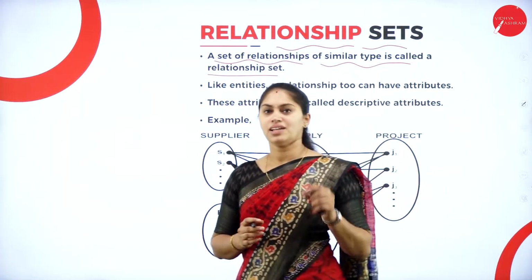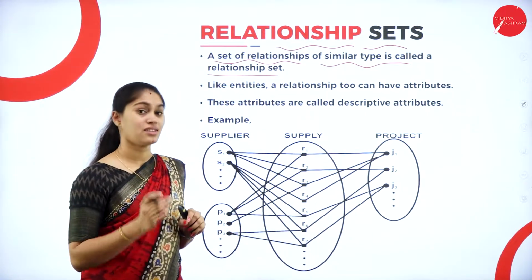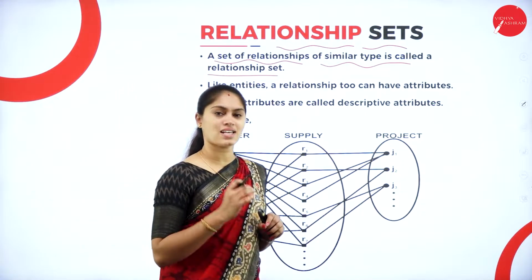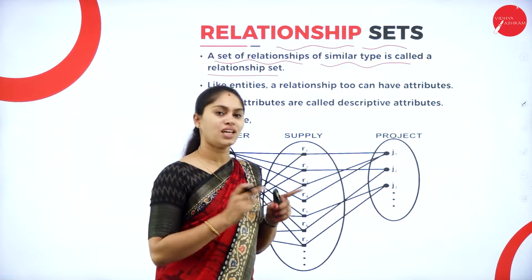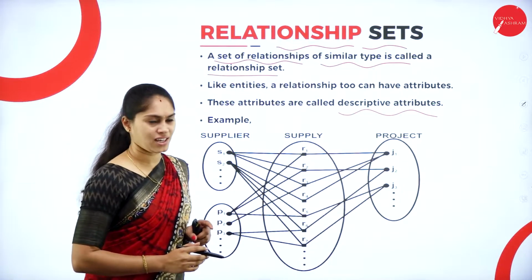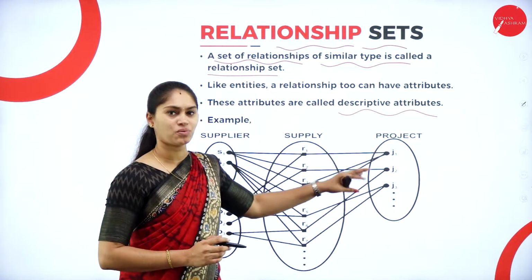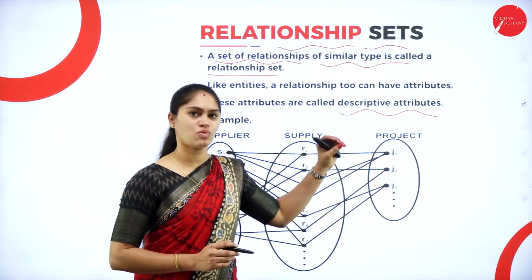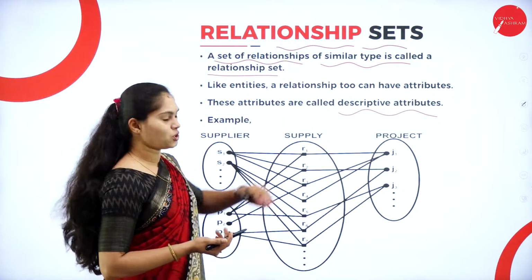In the same way, this relationship is also going to have its own attributes. Instead of calling these only attributes, we will call the attributes of the relationship descriptive attributes. Fine. So we are going to have attributes for the relationship too, and whatever attributes we have with respect to the relationship will be termed descriptive attributes.